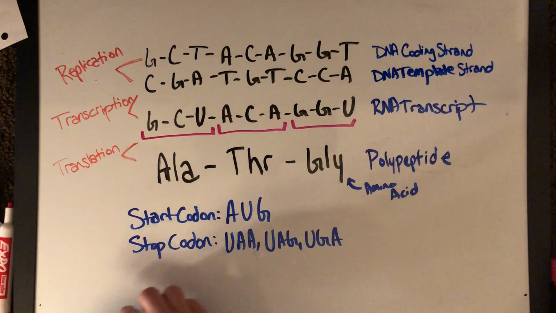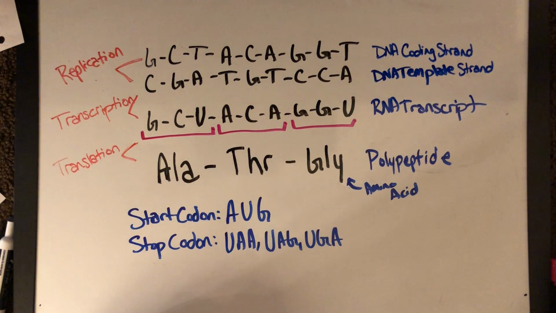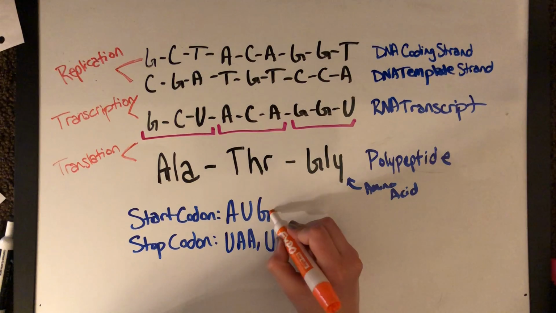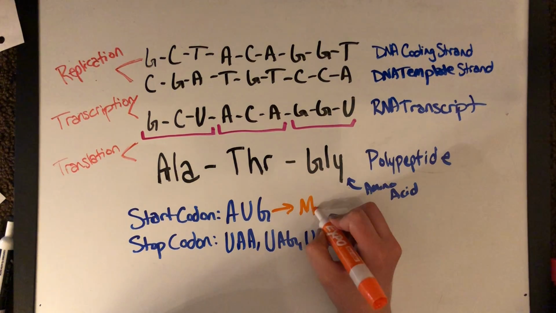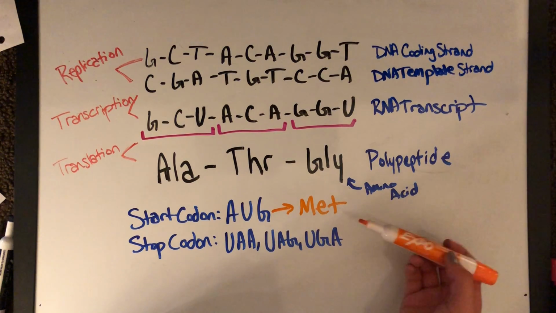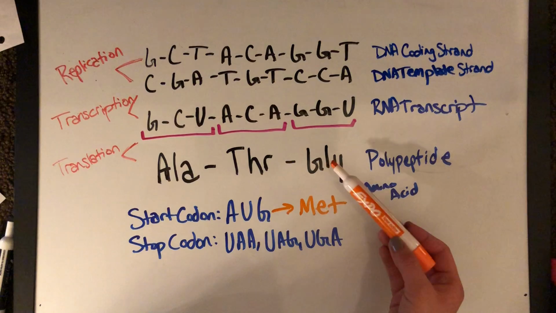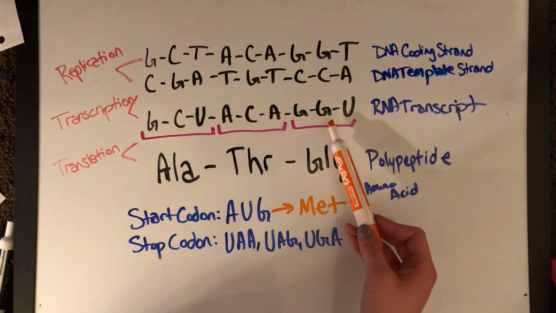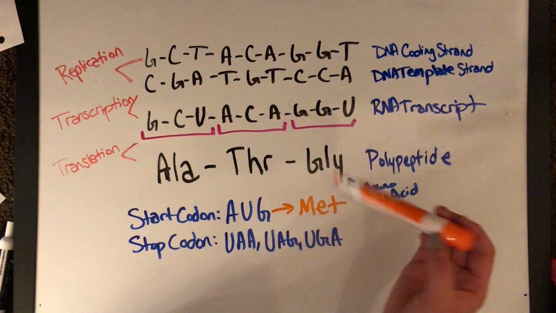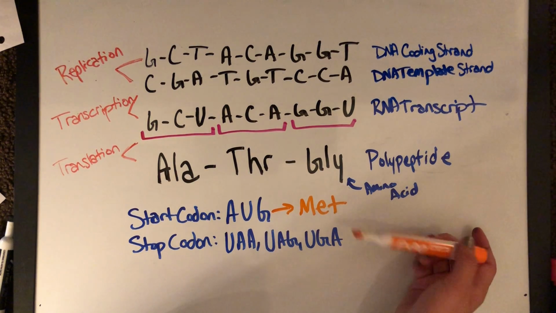It would also be important to know that AUG actually does code for an amino acid. It codes for methionine. That is probably one of the only codons that he would ask you to remember what it codes for. All the rest, like glycine and threonine, he's not going to make you remember. But AUG, coding for methionine, he would probably make you remember.